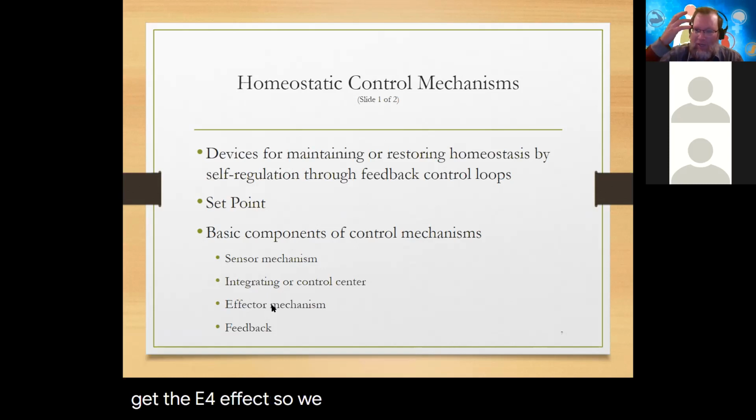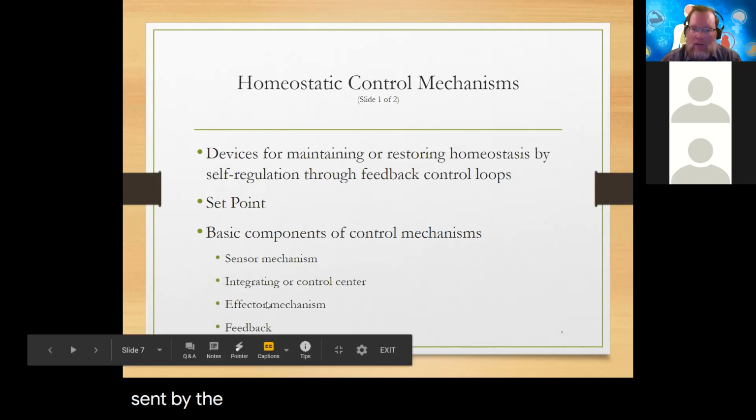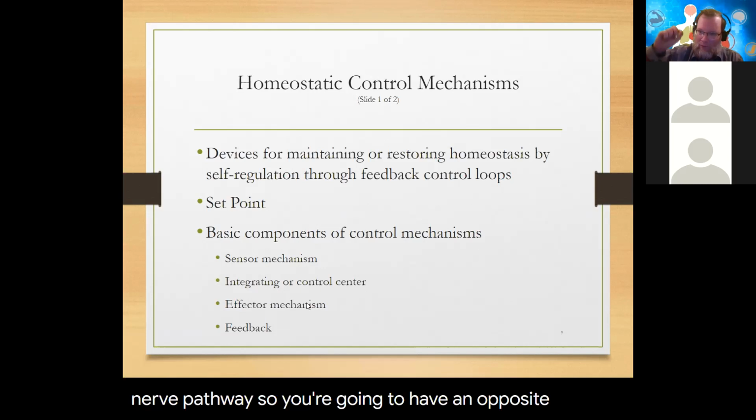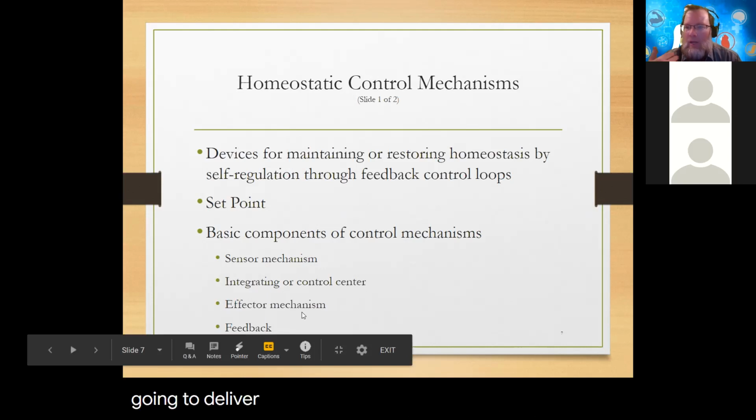So we should get some sort of a response sent by the brain. And this is also going to be some sort of a nerve pathway. So you're going to have an opposite pathway of nerve or electrical flow going away from the brain that's going to deliver the response message.